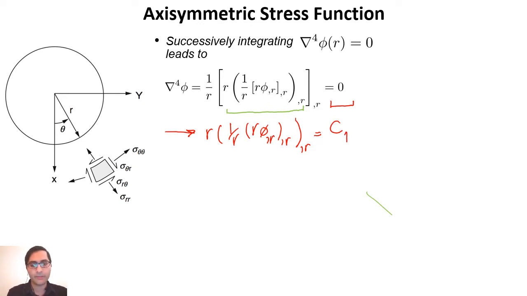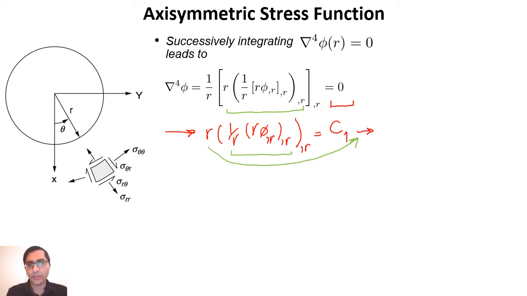I name it. Okay, now I'm going to again keep everything here as it is, and just bring r to the other side and integrate whatever we end up having here with respect to r.